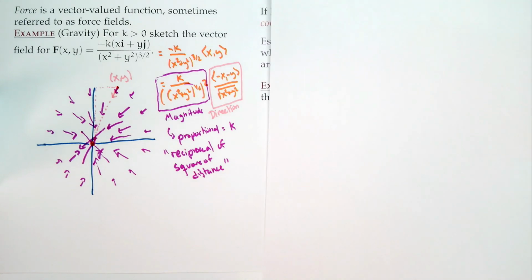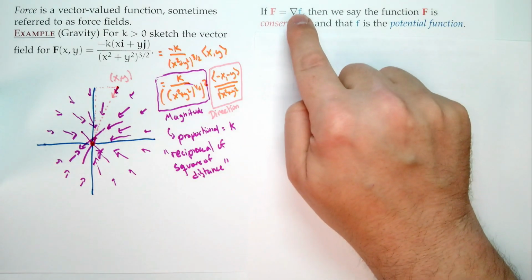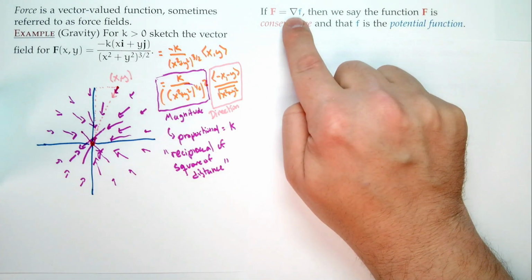Now, when our function is the gradient of some function, as we mentioned for a couple of the vector fields on the previous page, we say that the function F is conservative and that little f is a potential function. But here's how you should be thinking about it. You should think of this symbol here. Now this is not the gradient symbol, this is the del symbol, sometimes called nabla.